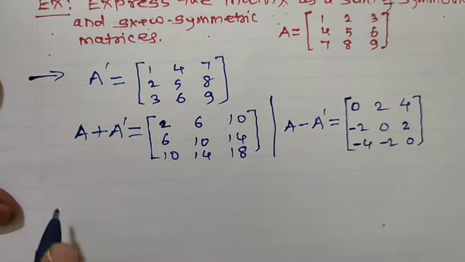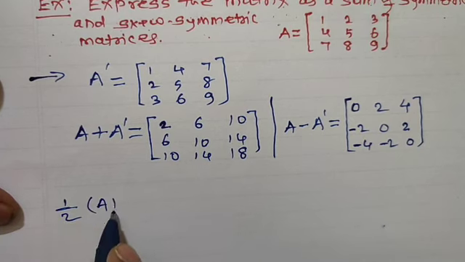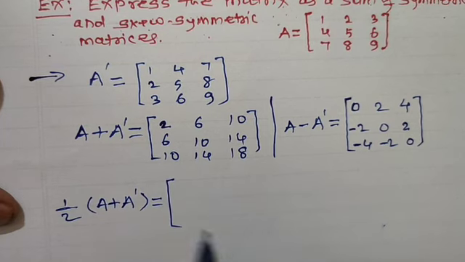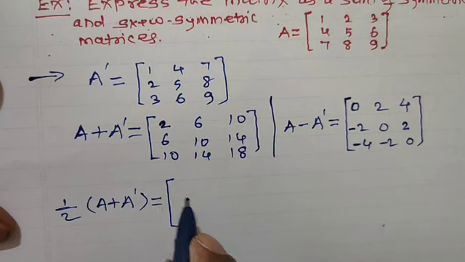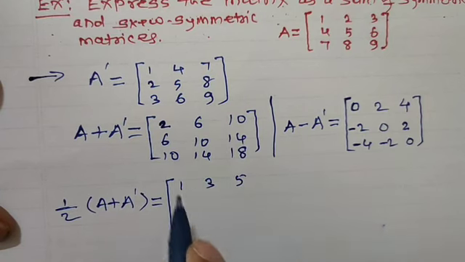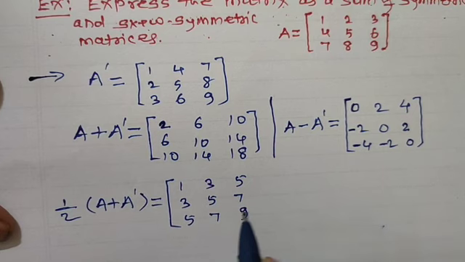Now find half of A plus A dash. This is equal to dividing each element of this matrix by 2. Then 2 by 2, 1, 3, 5. Then 3, 5, 7. 5, 7, 9.